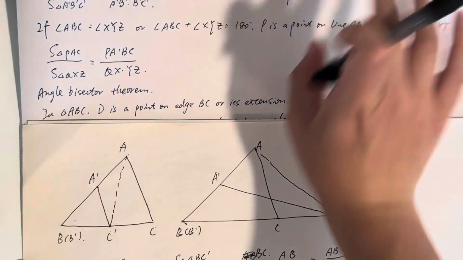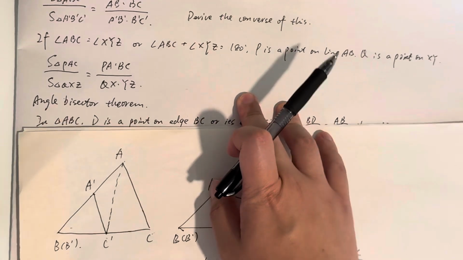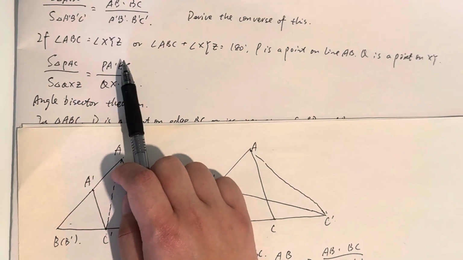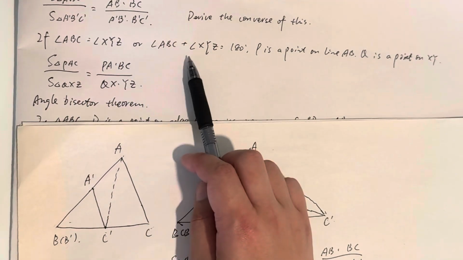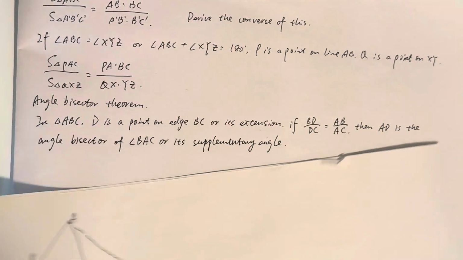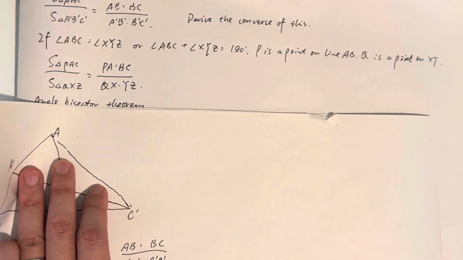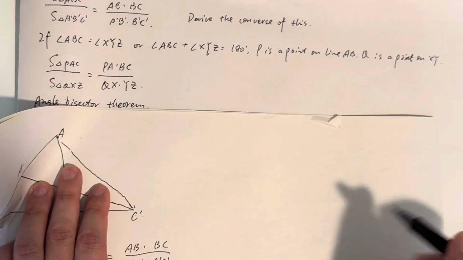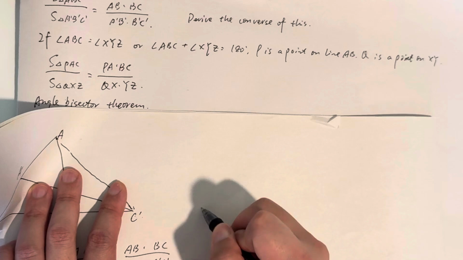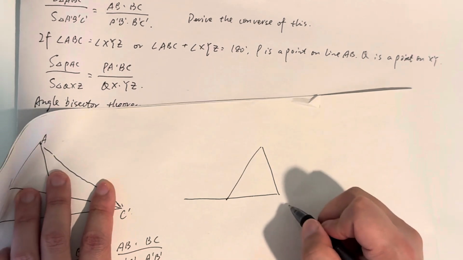So for the second one, if angle ABC equals angle XYZ, or angle ABC plus angle XYZ equals 180 degrees, and P is a point on line AB. Let me just draw the figure, but I will use a more complex case.